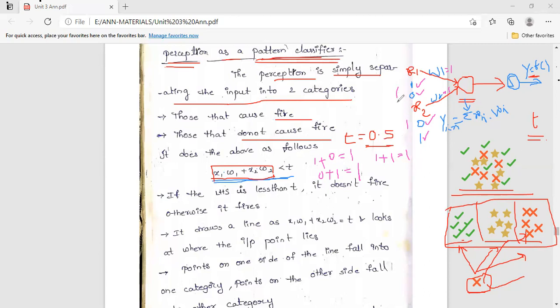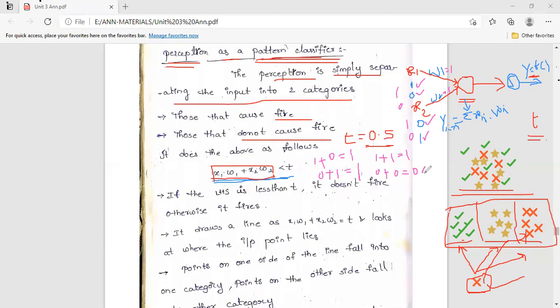Take the fourth condition. Both x1 is not fired and x2 is also not fired. So 0, 0. x1 is 0 into W1, 0 into 1 is 0, and x2 value 0 into W2 value 1 means 0 itself. 0 plus 0 will get 0.